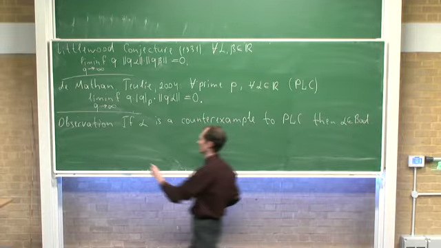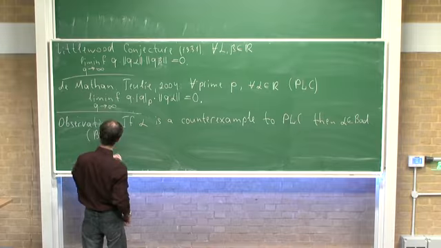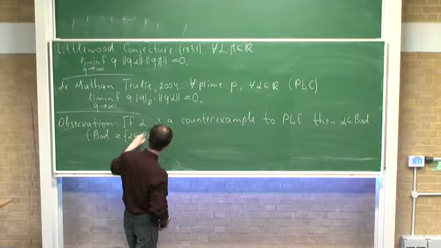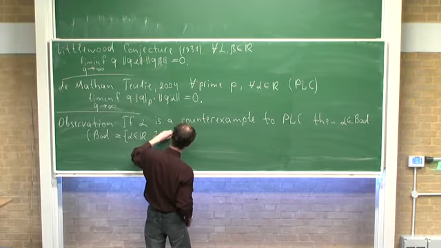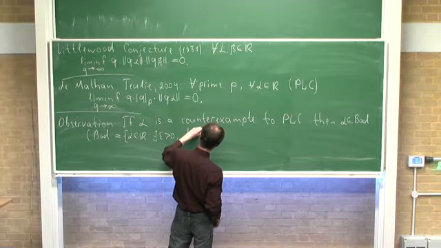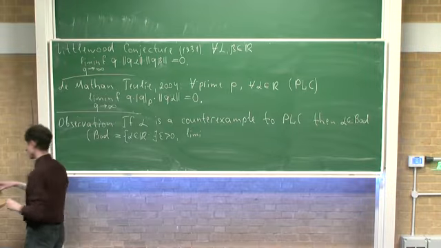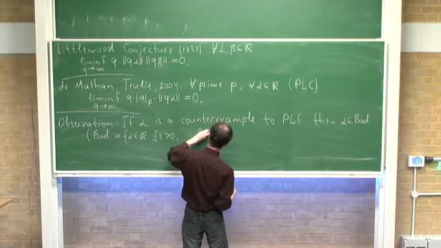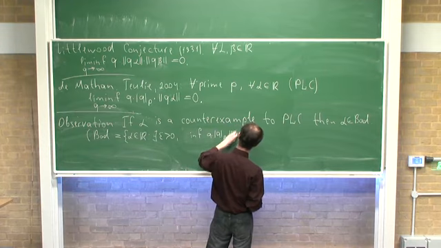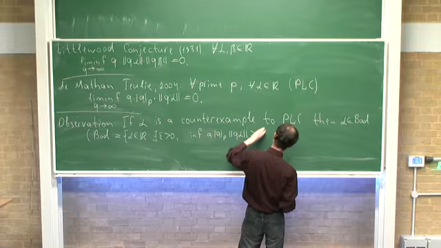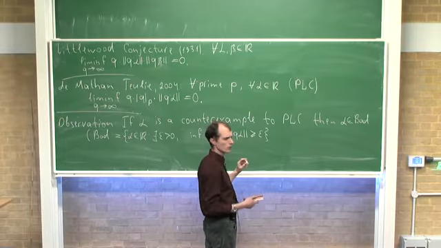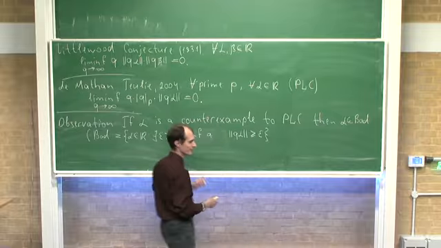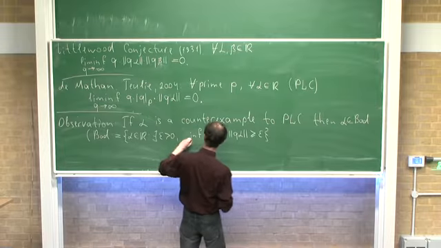Let me define it. The set of alpha such that there exists a positive epsilon for which the infimum of q times the distance to the nearest integer from q alpha is at least epsilon, where q belongs to the positive integers.